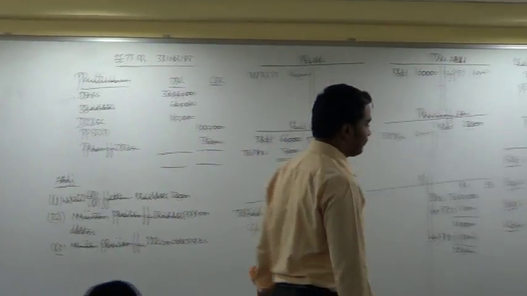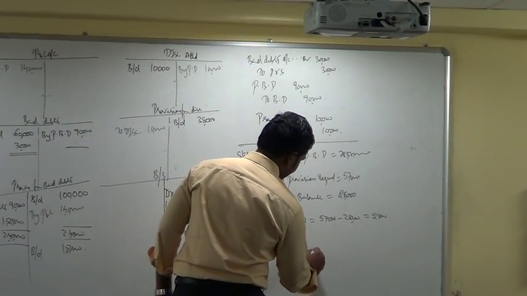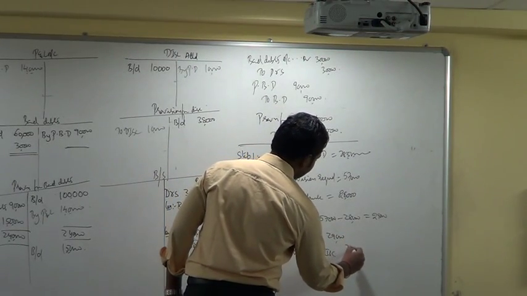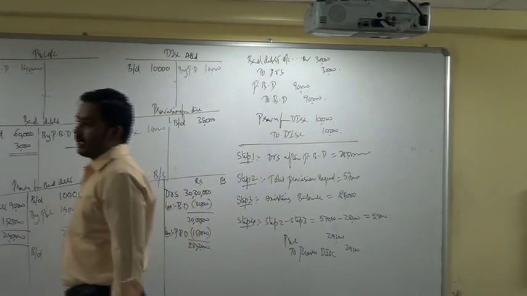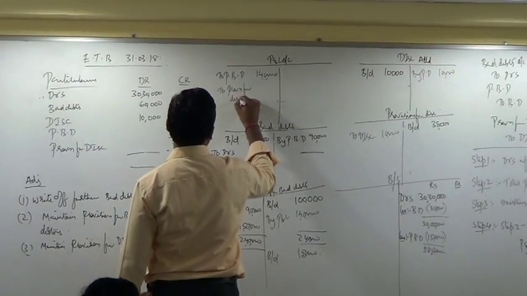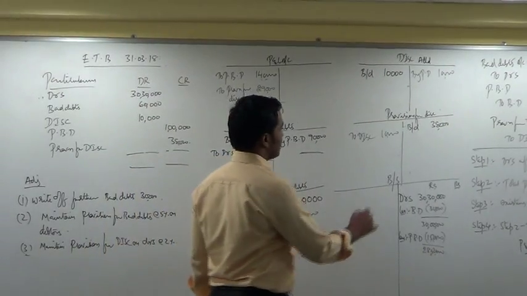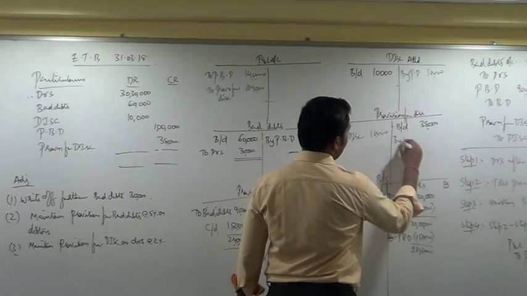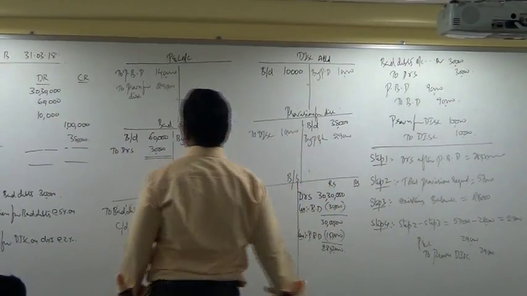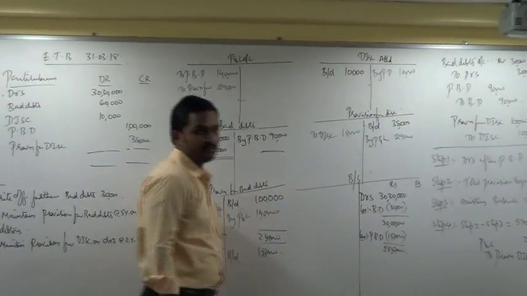P&L account debtor to provision for discount 29,000. P&L account will be debited, provision for discount account will be credited by P&L 29,000. To provision for discount 29,000. Here by P&L 29,000.